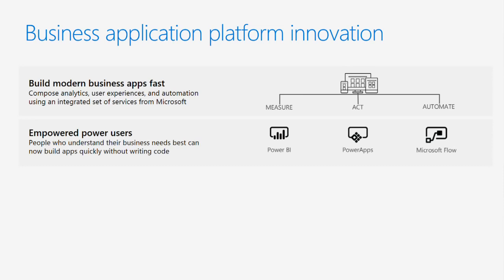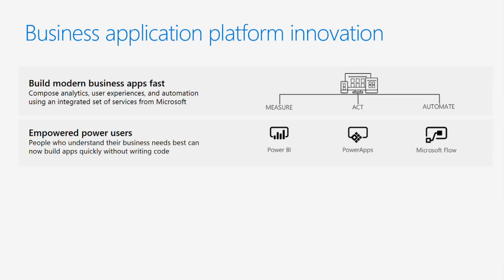But what's great about these three products is they're all usable by the power user inside of your organization. So if you have somebody who doesn't necessarily want to write code or can't write code, they can actually build solutions using these three pieces. So on the Power BI side, you can use it to measure information and to visualize that information to your customers. Power Apps allow you to collect data from people.